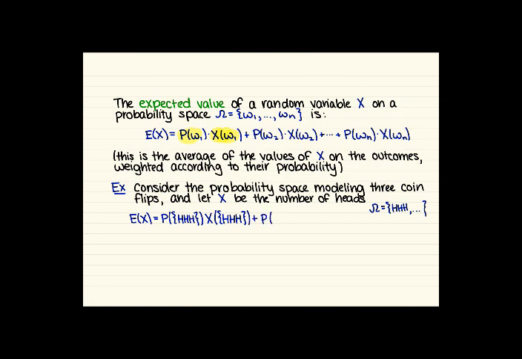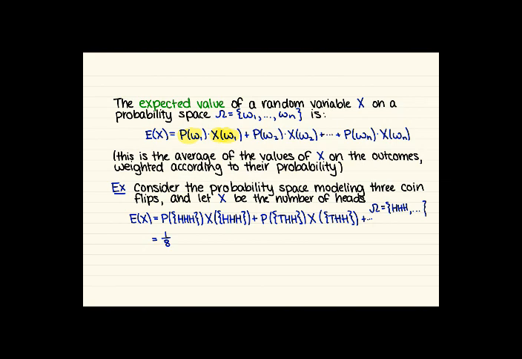So the probability, we've got tails, H, H, times X of tails, H, H, etc. Hopefully you can continue this on from there. So then working this out, the probability that we get all 3 heads, that's going to be 1/8.